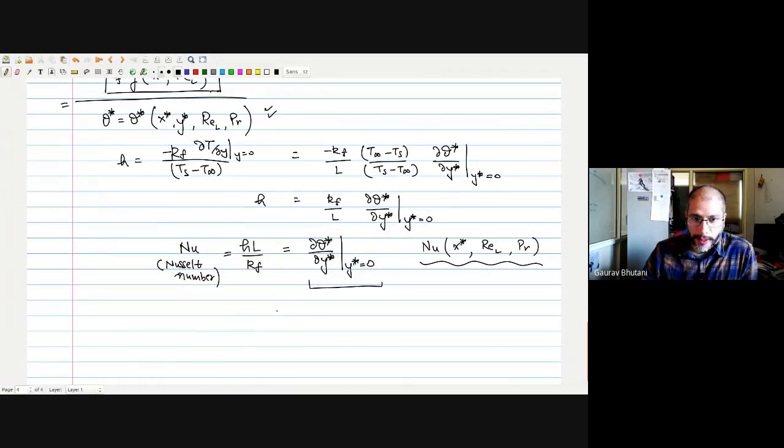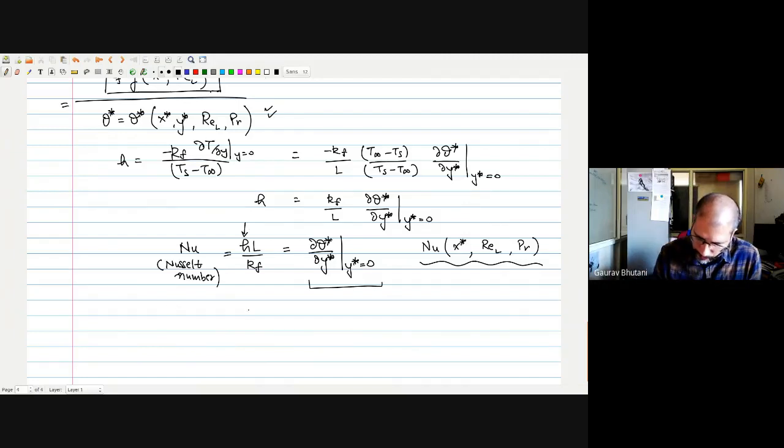Now remember that this Nusselt number is based on the local heat transfer coefficient h. This is the h value at a given x value for the plate. But as we saw earlier, we tend to find the average h, or h bar, which is defined in such a way that it helps us calculate the rate of heat transfer for the whole plate or the whole surface.